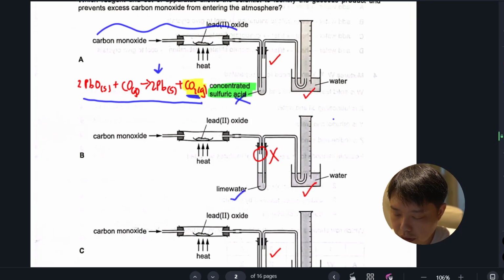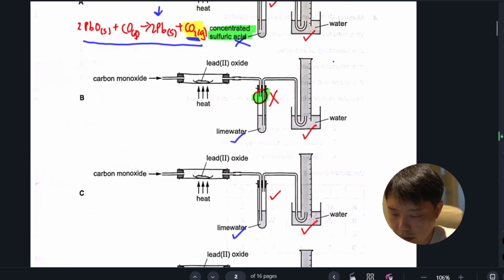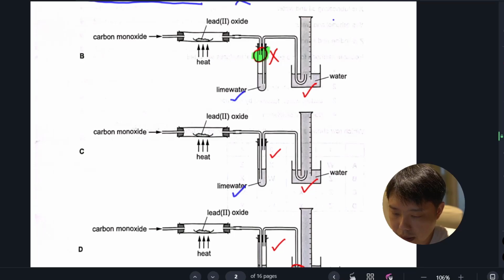The second option, this part here, the gas is not made to go through the lime water, so the setup is also incorrect. Okay, the third setup, everything is done well. You have the correct reagent. You actually force the gas produced to go through this reagent.